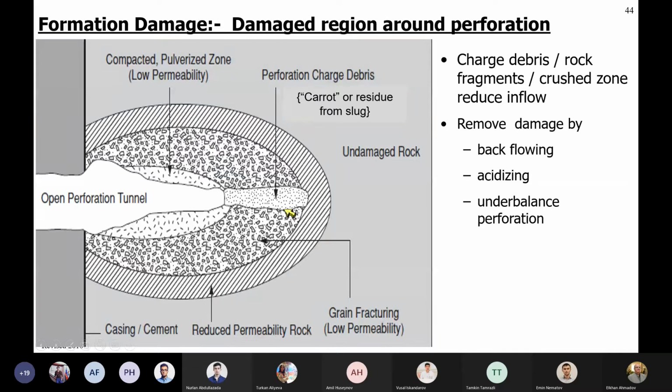So we have a clean perforation tunnel and good connection between the reservoir, undamaged rock, and the perforation.